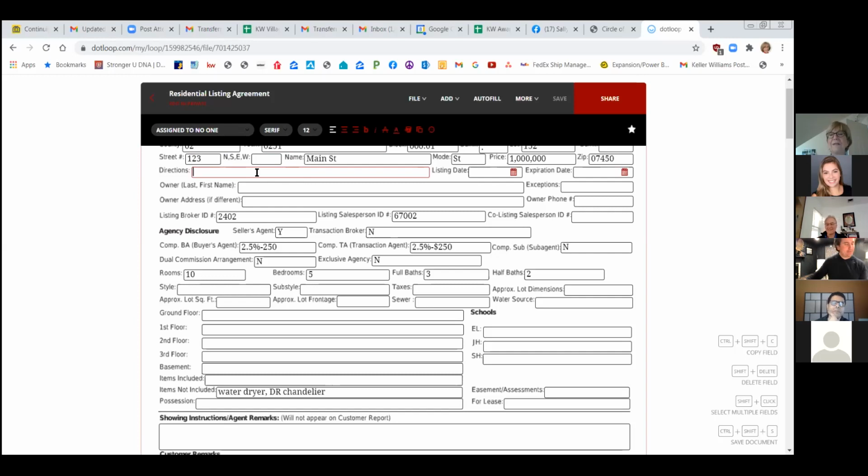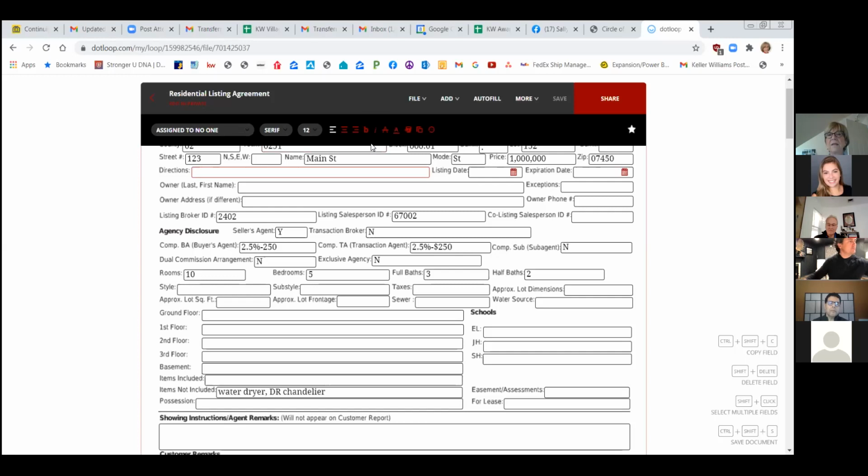I think you need to tell people the actual directions. And it's always a good idea, if the house is a little off the beaten track, to start the directions with a main street that most people would know, so that they have a good starting point.